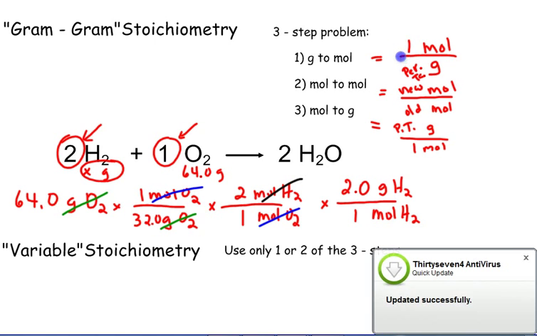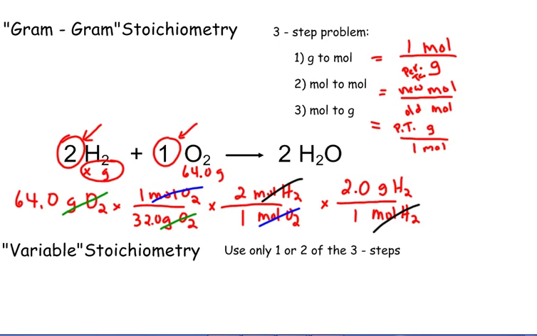So here at this point, moles of H2 cancel, and we now have grams as our unit, and so the math, 64 divided by 32, which is 2, times 2, which is 4, times 2 again, which is 8. To 3 significant figures, because 64.0 was 3 significant figures, we'll have 8.00 grams of hydrogen.